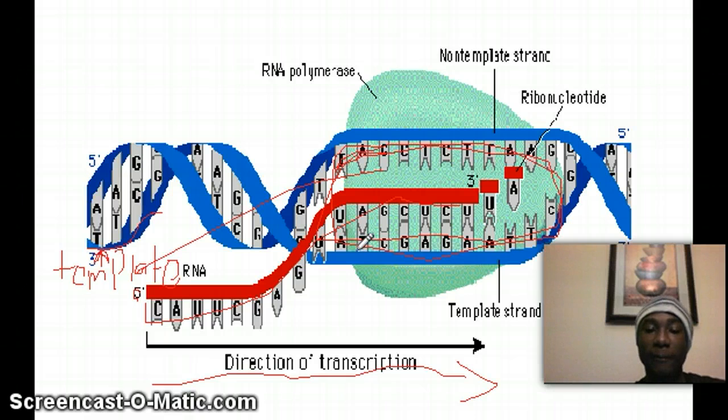In this step, basically what will occur is the pre-RNA will be spliced. So basically, we will take out the unnecessary part.